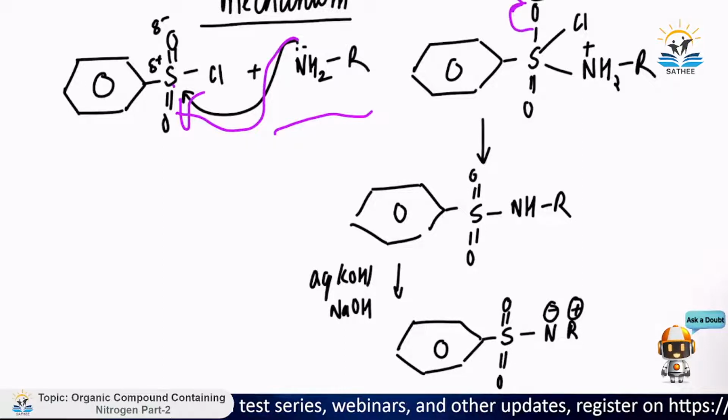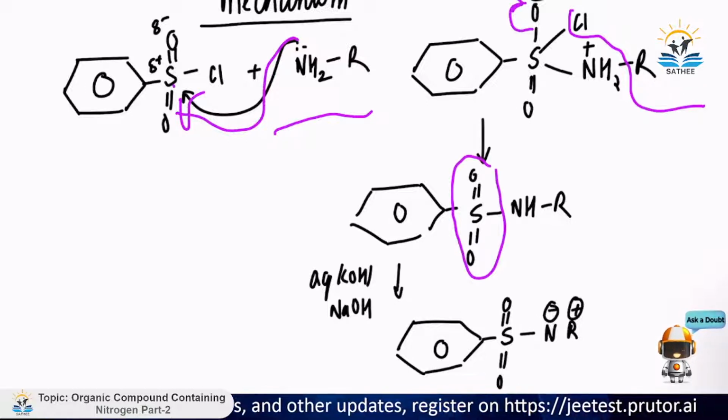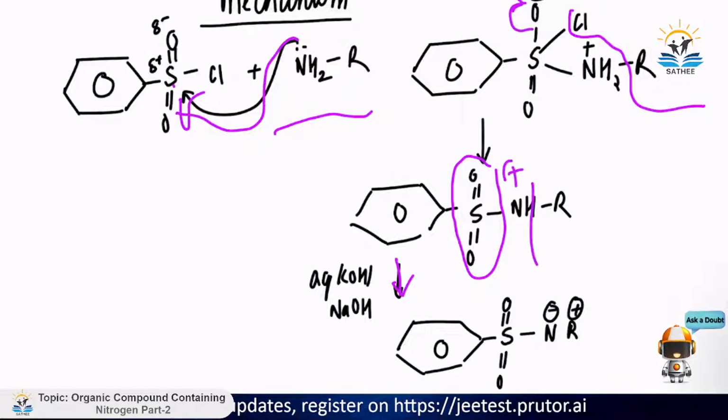That is all. And then what happens when we dissolve it in aqueous NaOH or KOH? Then H plus will move out from here and it will form a salt. And since it becomes in the form of ions, that means it is soluble in aqueous NaOH and aqueous KOH. Whenever it becomes in the form of ions, that means it is soluble.